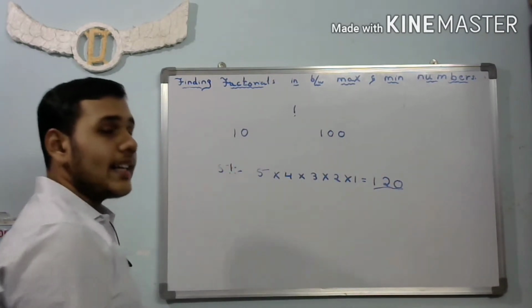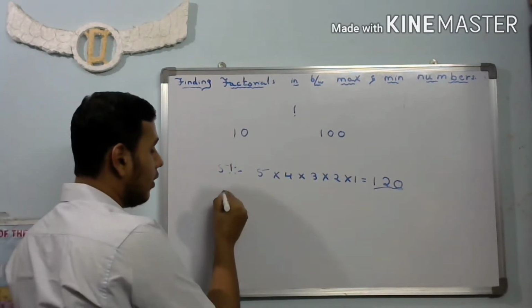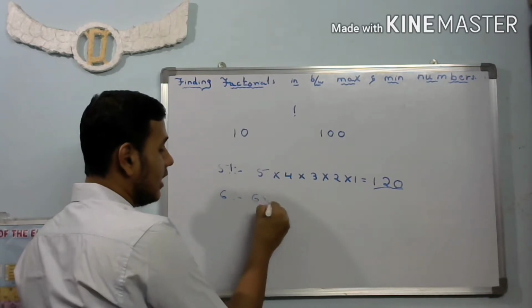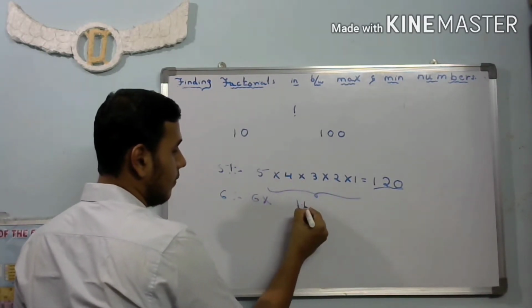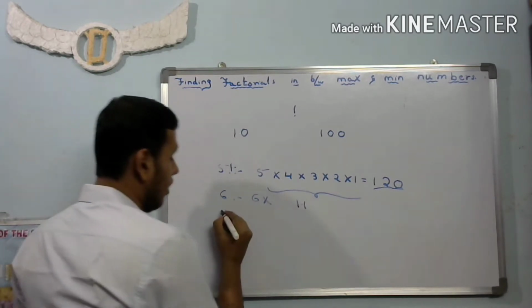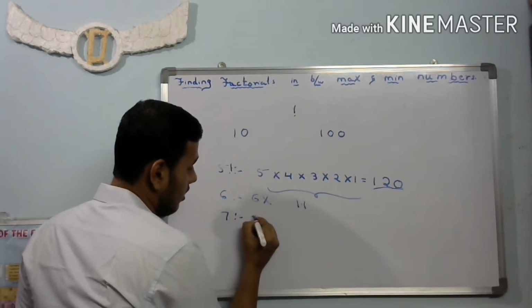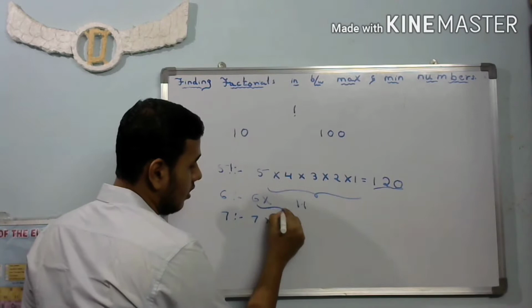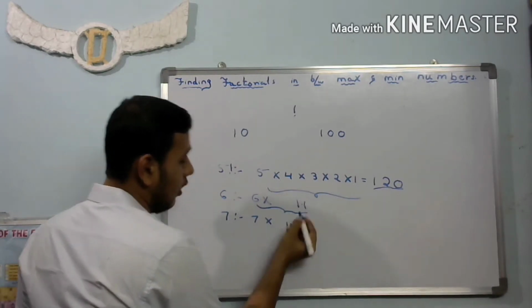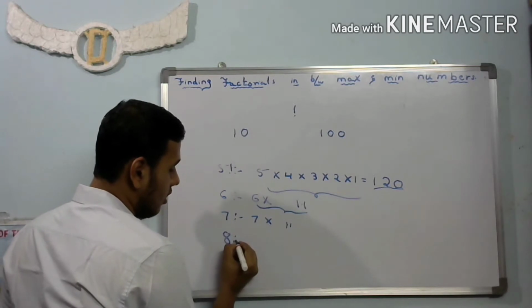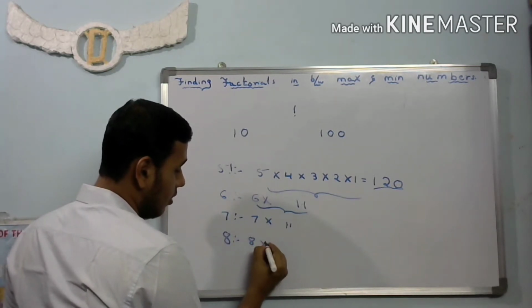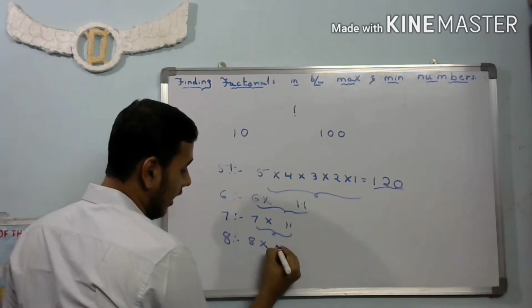If you ask me the same, what is the factorial of 6? 6 into, the whole repeats again. What is the factorial of 7? 7 into, the whole repeats again. 8, now 8 into, the same repeats again.